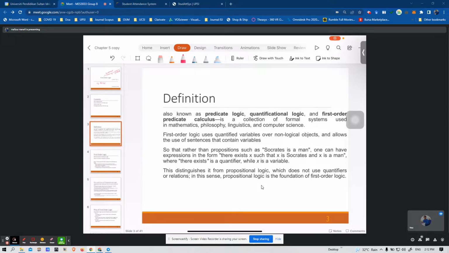For example, we have a proposition such as Socrates is a man. One can have an expression in the form of there exists X such that X is Socrates and X is a man, whereby there exists is a quantifier and X is a variable. This one I have explained before.